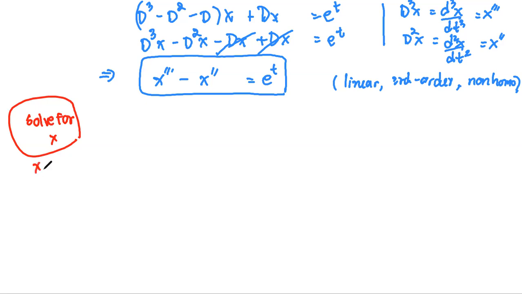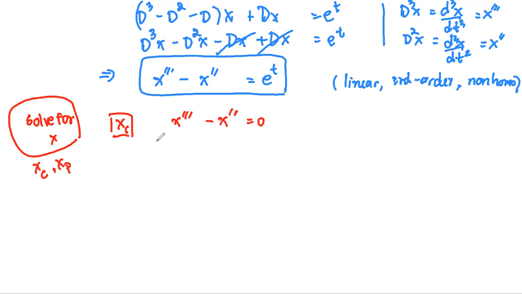So we're going to find xc and xp, where xc is the complementary solution and xp is the particular solution. To find xc, use the associated homogeneous equation as x triple prime minus x double prime equals 0.